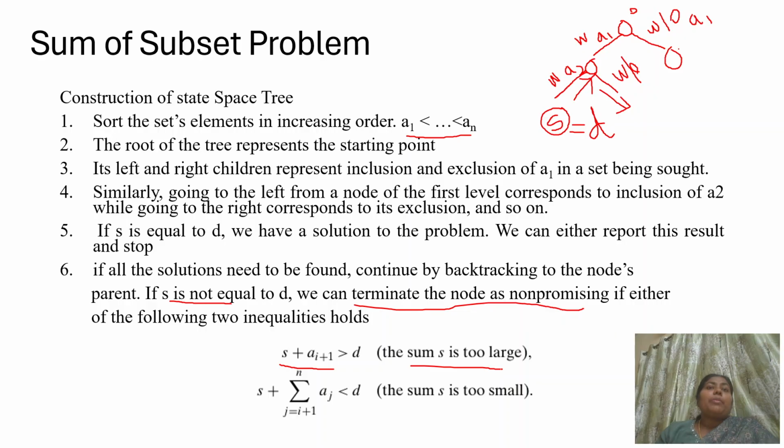Another concept: S plus the summation of all the remaining elements of the set is less than D, and then automatically we are not able to find a solution. So that particular node is called a non-promising node because it is not able to give a valid solution. So in this state, I backtrack to find the other solution. That is normally called the sum of subset problem.